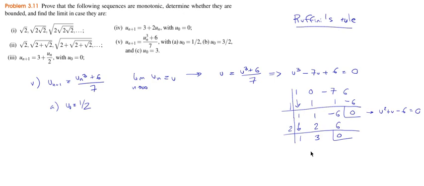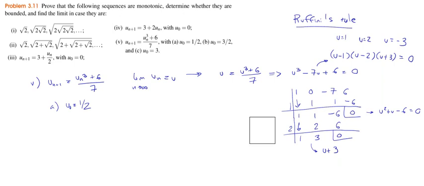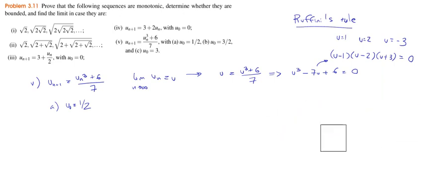The last polynomial is u plus 3. So you can factor this as u minus 1, u minus 2, u plus 3 equals 0. The 3 roots are either u equals 1, u equals 2, or u equals minus 3. Three possible limits, in case the sequence is convergent.